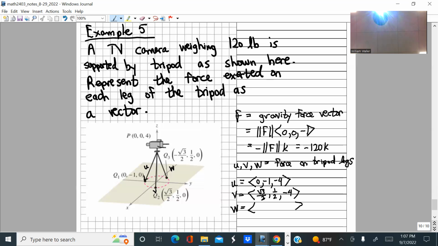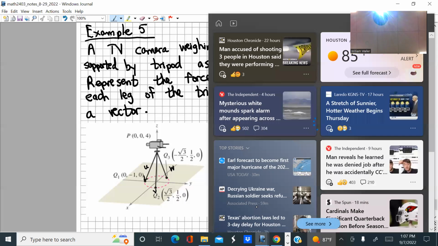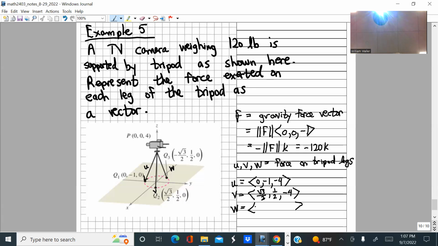In component form, what would it look like? Almost the same. It would be minus square root of 3 over 2, and then positive 1/2 also? So positive 1/2, and then 0 minus 4 again, negative 4. So there's the vector W.